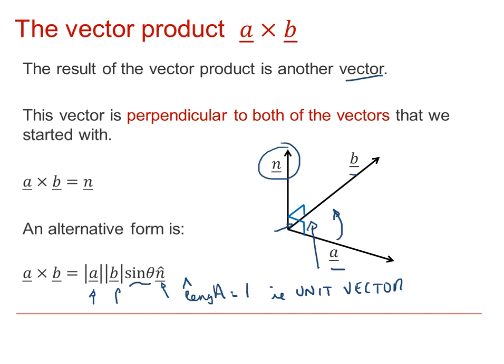It also means that we have got a formula which we can calculate in two different ways. So we can relate the angle between vectors A and B to the dot product.